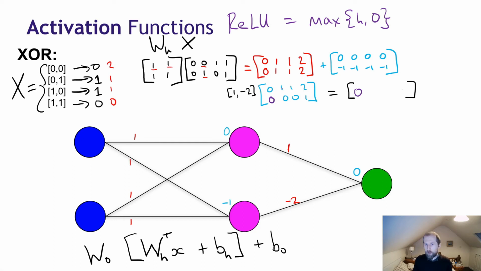Then everything else is going to be the same because it's the same calculations we did before. So this is 1, and this is 0. So now when we have ReLU, we get 0, 1, 1, 0. So this XOR problem is only solvable when we include these nonlinearities. So that's the reason that we have them.